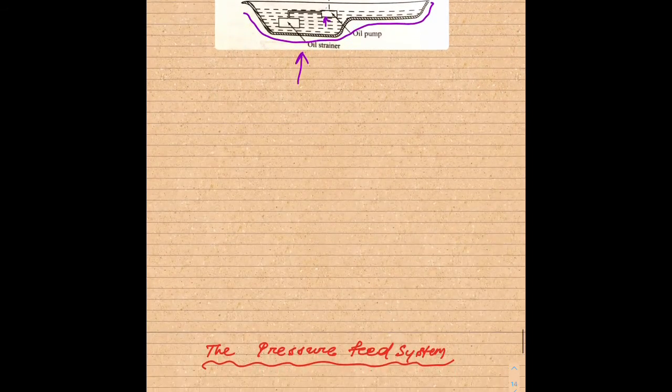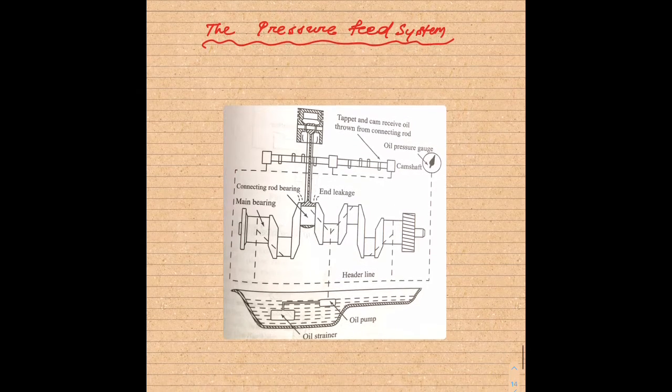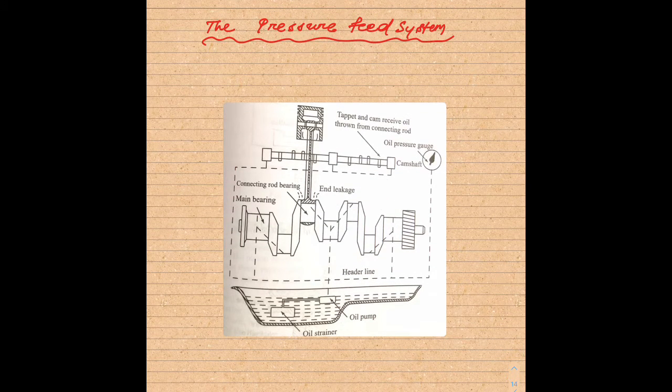Next one is the pressure feed system only. This is the only pressure feed system, no splash. Here you can see the same kind of drawing. What is missing here? We do not have these troughs where we store oil for splash.